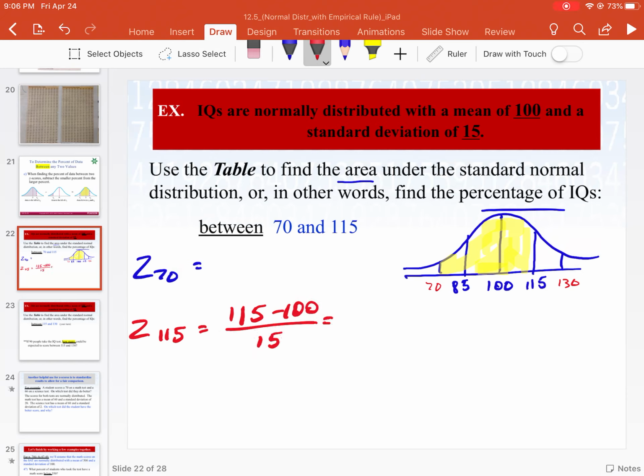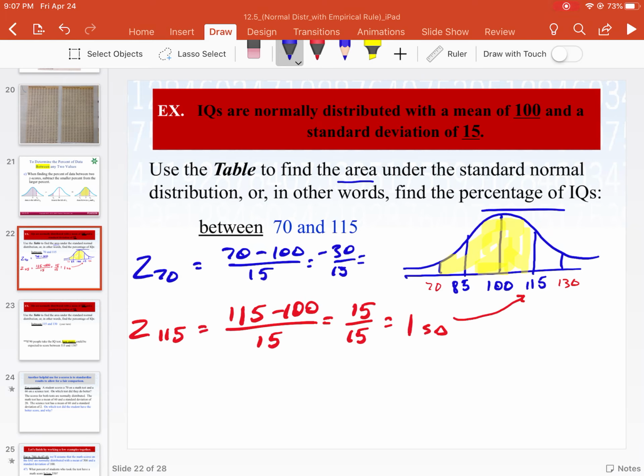Actually, you should be able to look at this and tell me how many standard deviations above 100 115 is. Z-score of 1. 1 standard deviation. Okay. And for 70, it's 70 minus 100 over 15, negative 30 over 15, which makes sense because it's below. And yeah, there it is: 1 standard deviation, 2 standard deviations. So 2 standard deviations below, a z-score of -2.